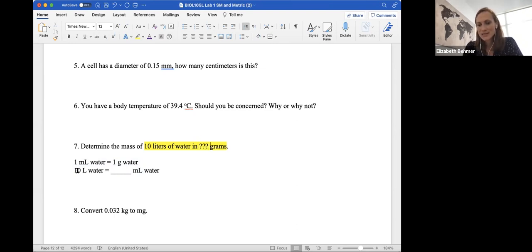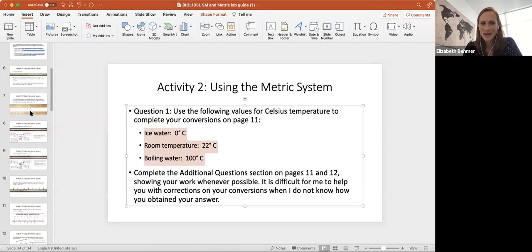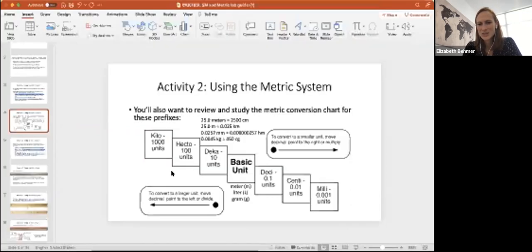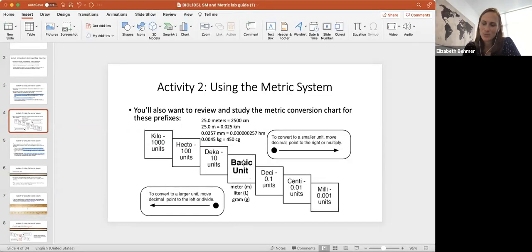So to convert 10 liters to milliliters, let's go back to our King Henry died drinking chocolate milk chart. So I'm going to take us back up to this. You're going to just love this unit. So we're going to try to convert, again, liters to milliliters. And we have 10 liters of water. So we're starting at the base unit. We're already at 10, so I'm going to erase this. We have 10 liters and we're turning that into how many milliliters.